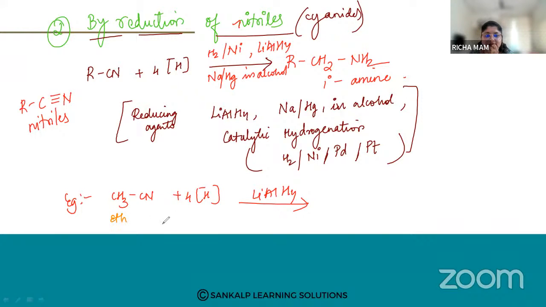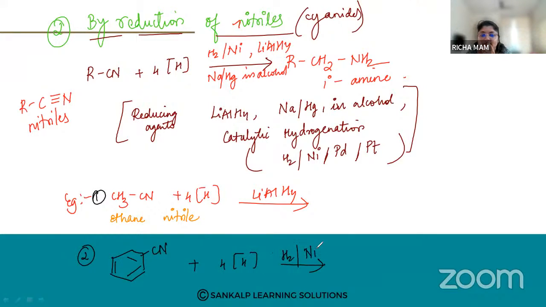This is ethane nitrile. Let me also take an aromatic nitrile. So this is benzene nitrile.